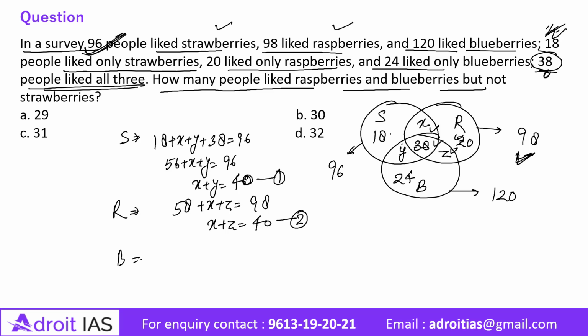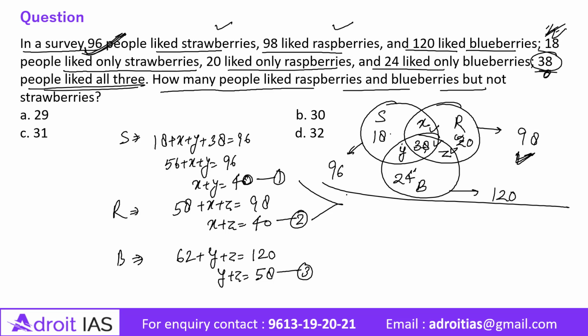Now for the blueberry region, Y plus Z plus 38 plus 24, that is 62. So 62 plus Y plus Z is equal to 120. Then Y plus Z is equal to 58, right? Equation number 3.